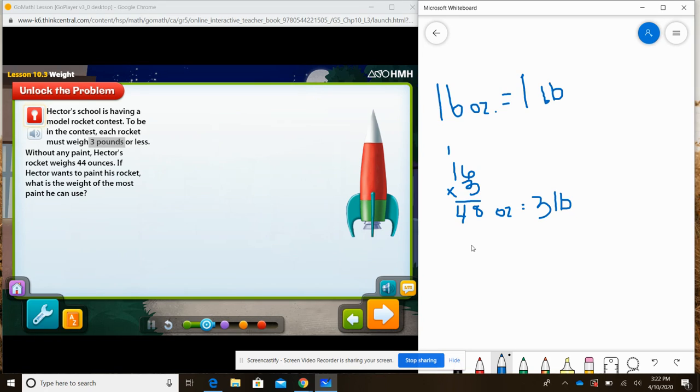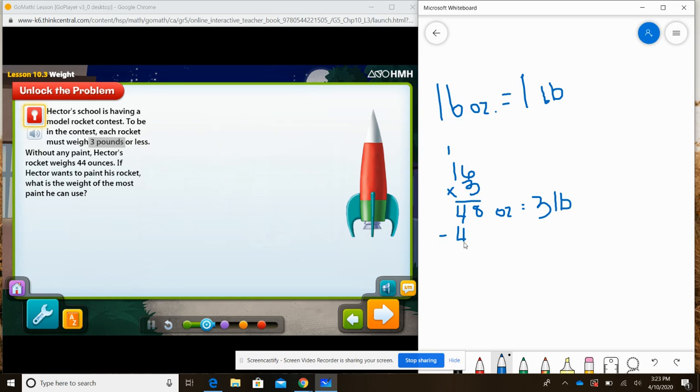I'm going to give you a minute. Okay, so hopefully you were able to figure out 48 ounces is 3 pounds. His rocket already weighs 44 ounces.